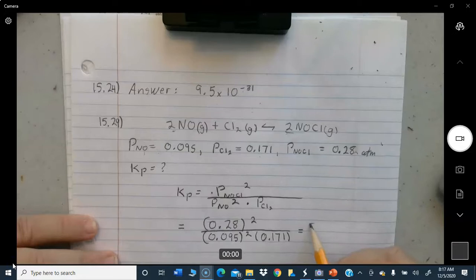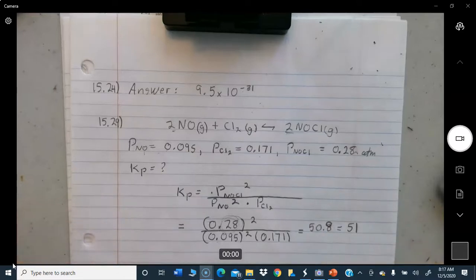Okay, and that gives us 50.8. Sig figs were limited to 2 because of that right there, so that would equal 51. Okay, and that's how you do these. So this is just kind of an introduction to how equilibrium equations work, the law of mass action, the equilibrium equation, same thing. And we'll pick this up on Monday, December 7th, when we get back to school.